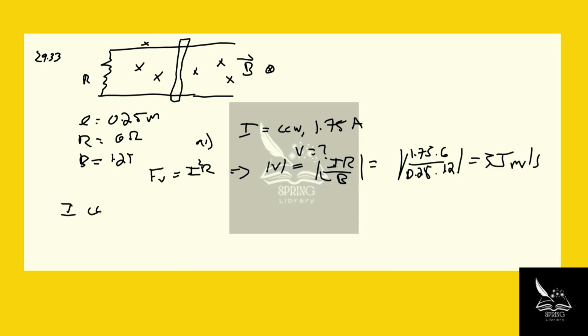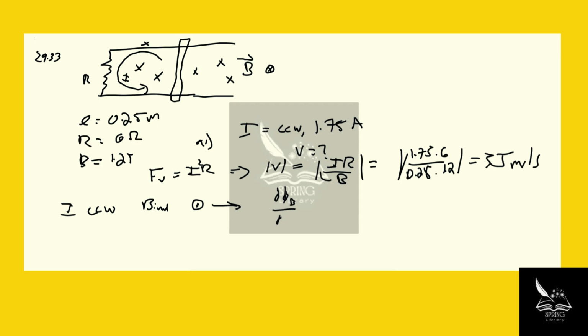Okay, so if I is counterclockwise, so let's just draw I here. I is counterclockwise, we know that. That means the B field induced is out of the page. If the B field induced is out of the page, we can use Lenz's law to go backwards now.